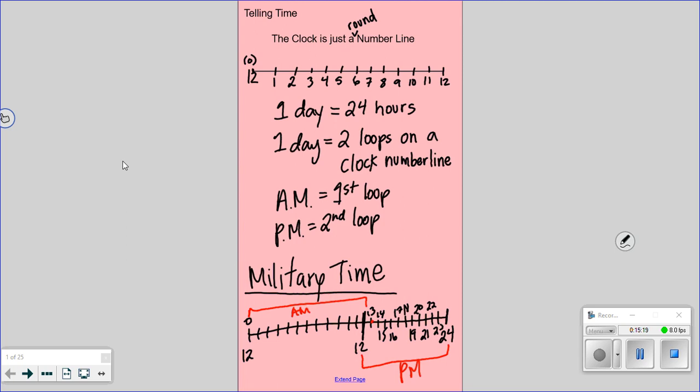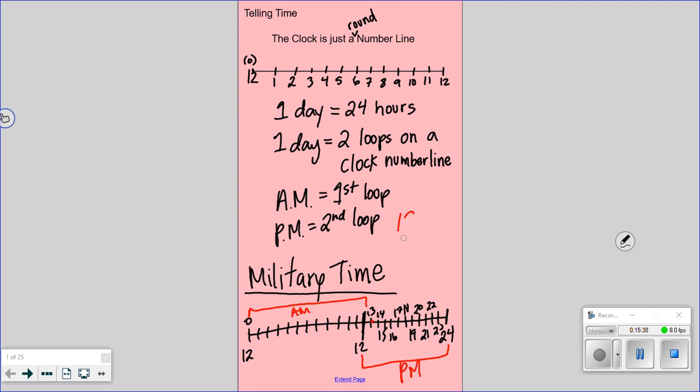Yes, 13 o'clock. They say 1300, because 13 o'clock looks like this, and this is the number 1300.